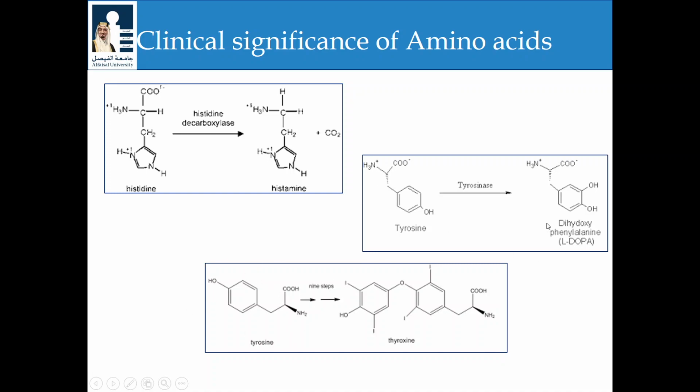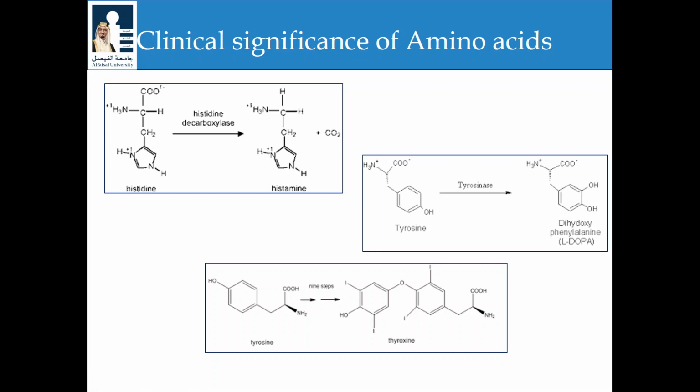Also, important molecules such as the neurotransmitters that control our mood and how we feel, such as dopamine. And actually here we have L-DOPA. What is L-DOPA? L-DOPA is dihydroxyphenylalanine. So we said that from phenylalanine to tyrosine you add one OH.